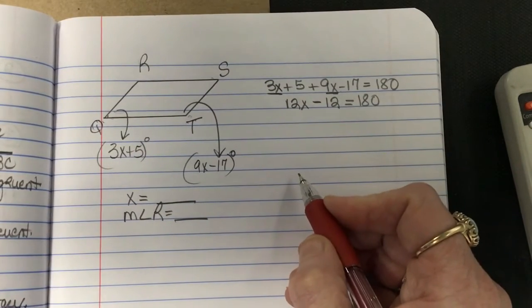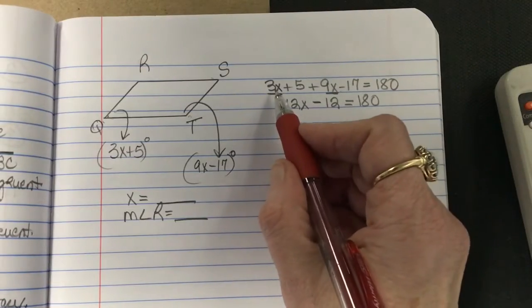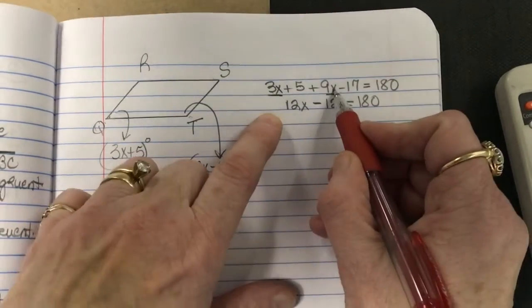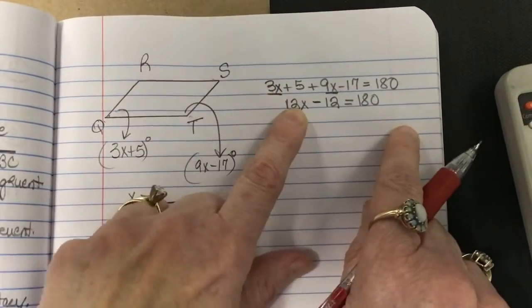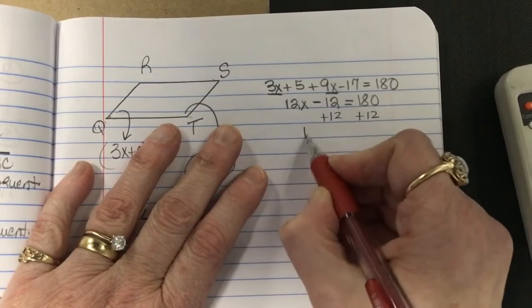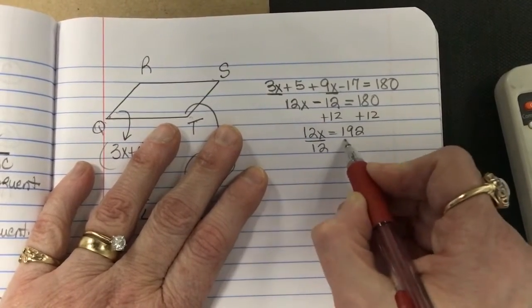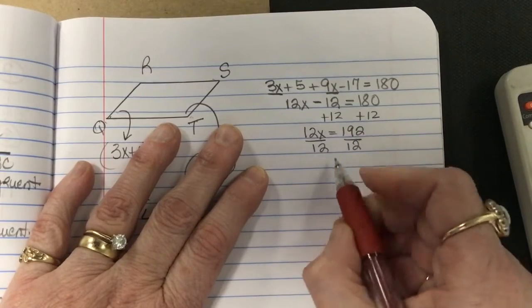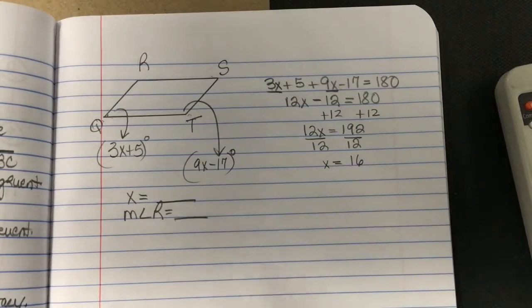You will not have the problems a lot of you do when you start trying to subtract 3x. You're not going to subtract 3x. You're just going to put those together. Clean it up. Now, add 12. And you get 12x equals 192. They should come out even. And I believe x is 16. That's right.